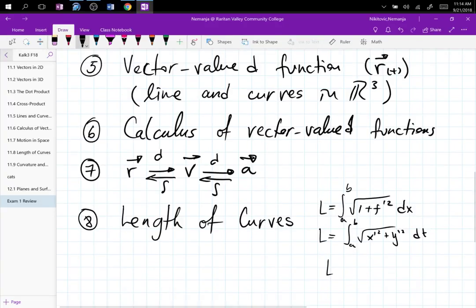And finally the polar, which is why I asked you to look into basic polar 10.2 and 10.3 from Calc 2, because now you have a polar version with the square root of f squared plus f prime squared d theta as length of curves. So either one of these could be there.